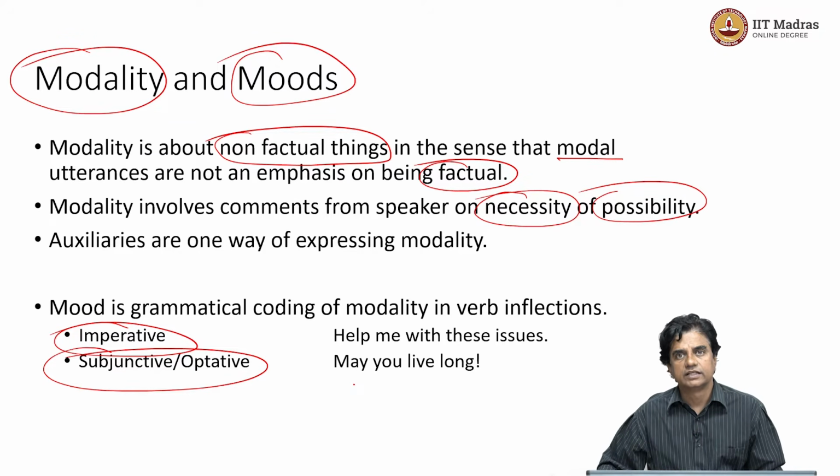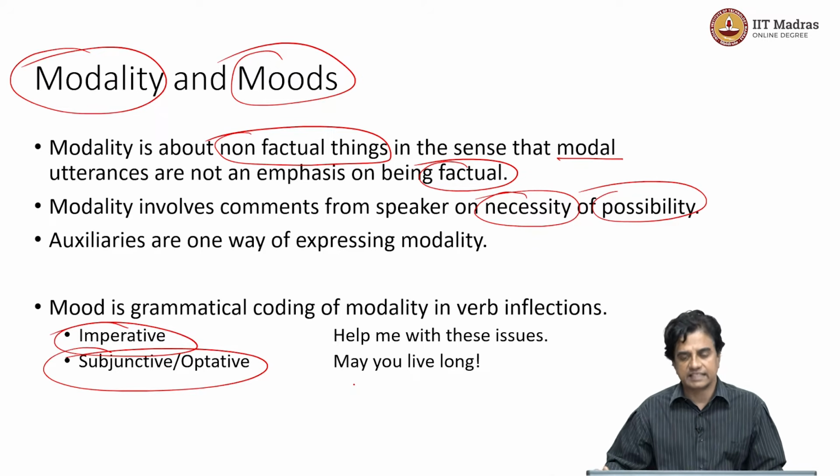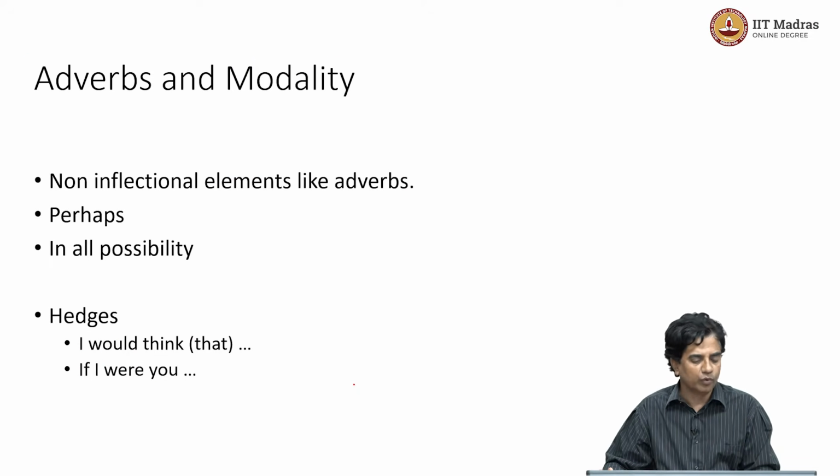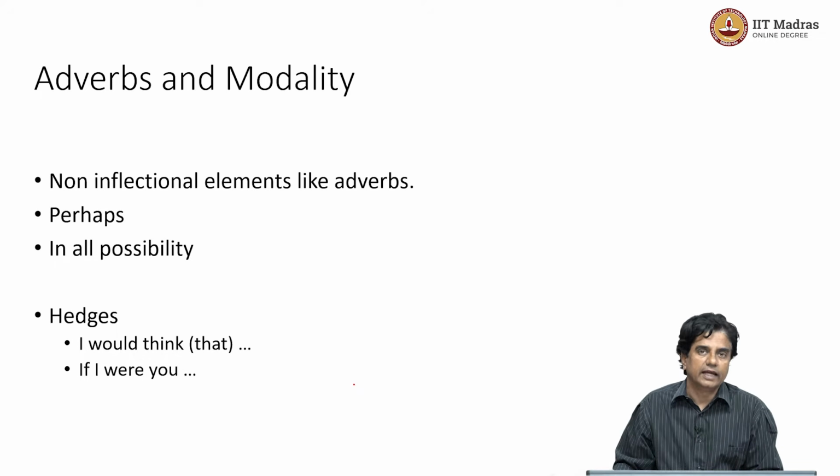In other words, these auxiliaries like can, could, may, might, shall, should, must, all of these are modal auxiliaries, and they have necessity, possibility, and some more types of emphasis interpretations in the sentences.